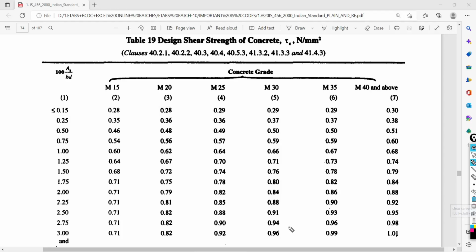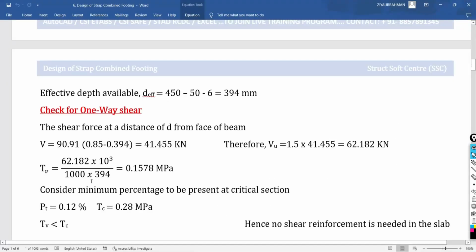Here the percentage of reinforcement we consider is 0.12%, which is less than 0.15. That's why at least we have to consider this value as 0.28. So I am going to write in the calculation: the critical capacity is 0.28 MPa, Newton per mm square.